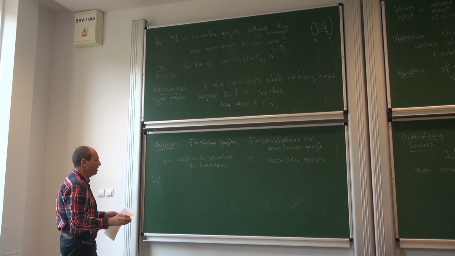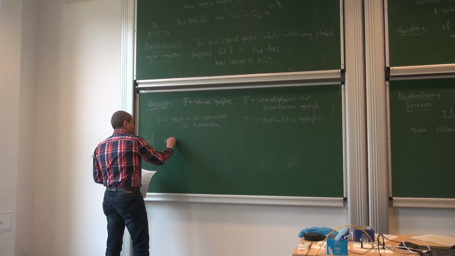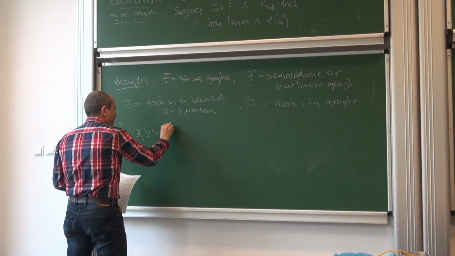So let me first talk about semi-linear graphs. So what is a semi-linear graph? These are geometric graphs. So imagine you have 2 sets of vertices in R^D.